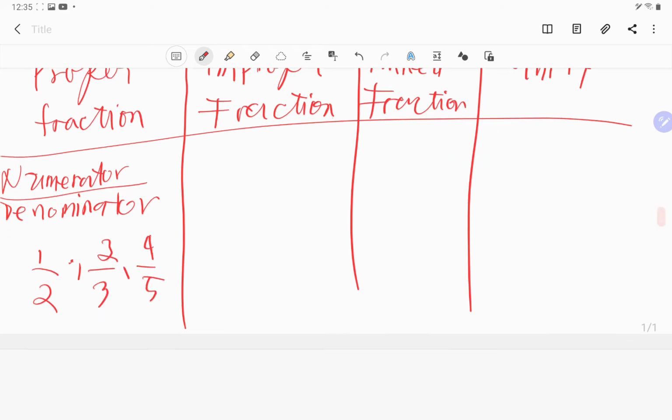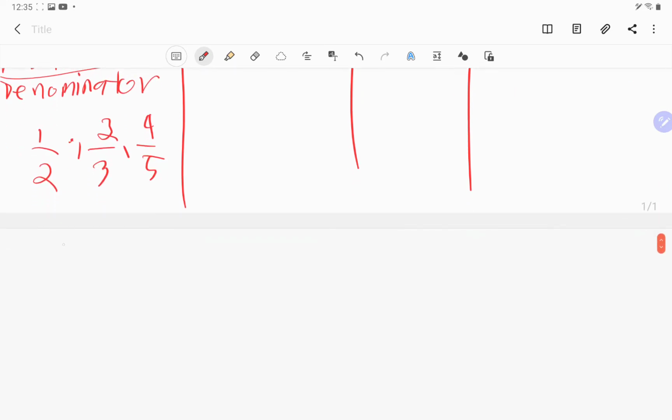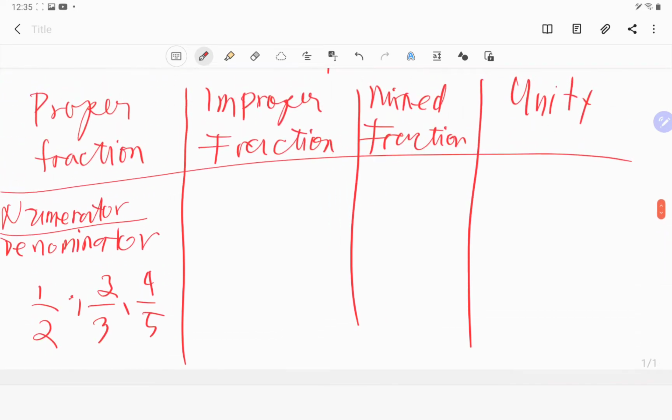Another example here is, let's say, 6/25. What else? 100/101. Tandaan natin, ang proper fraction laging mas mataas ang denominator kaysa sa numerator. Okay. Ngayon, ano naman yung improper fraction?